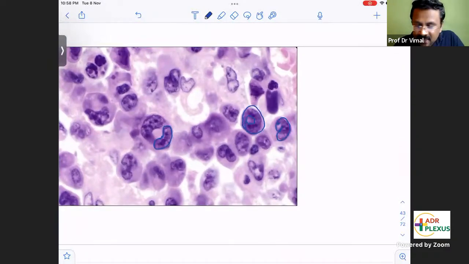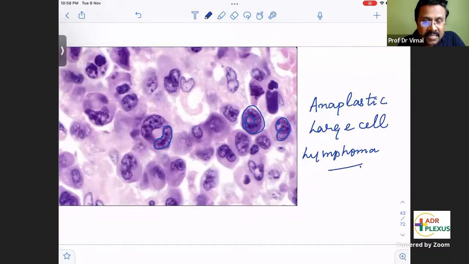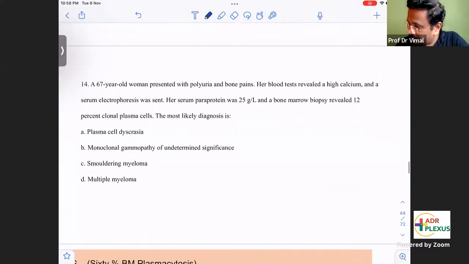It is not aplastic, it is anaplastic large cell lymphoma. You will see embryo cells, donut cells, reniform cells, and also fetal cells, hallmark cells.